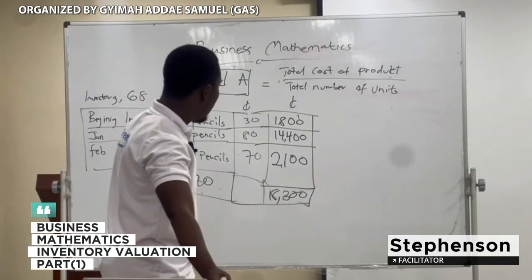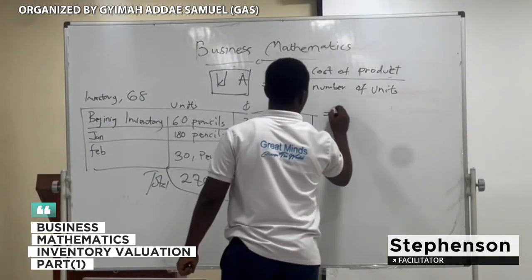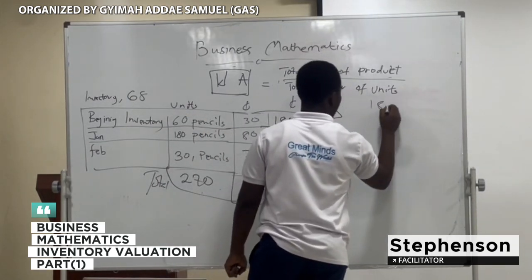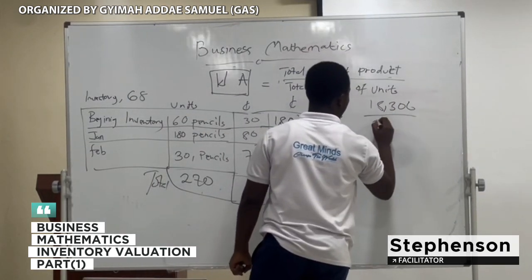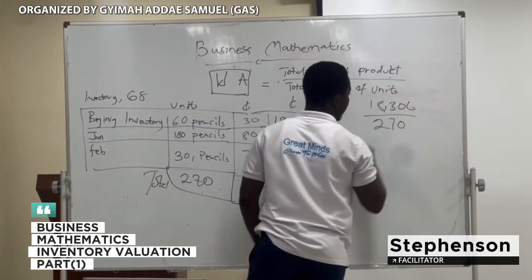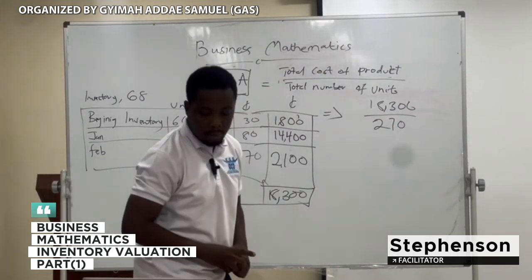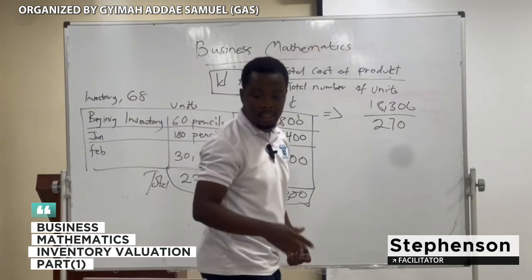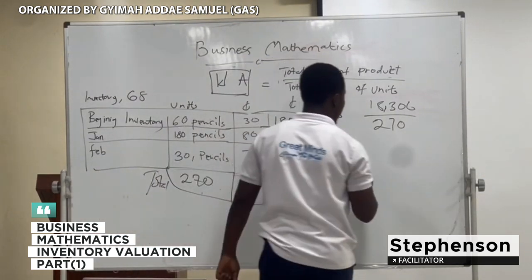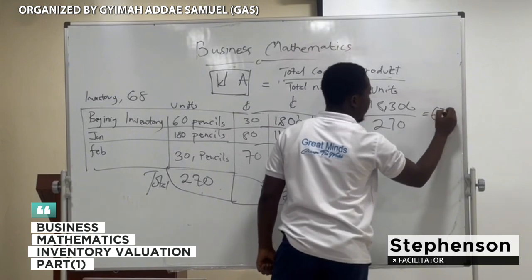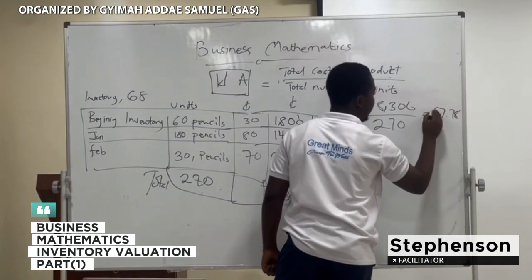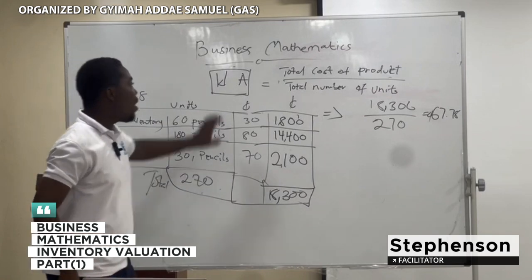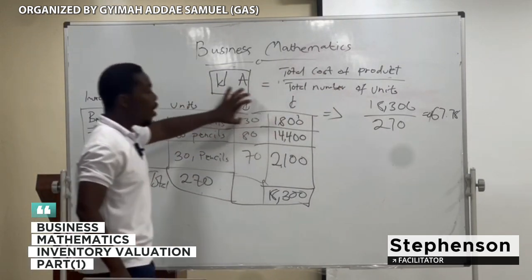So now let's substitute our totals in our formula. 18,300 divided by 270. So you are getting 67 cedis 78. So 67.78 is our weighted average for our table.